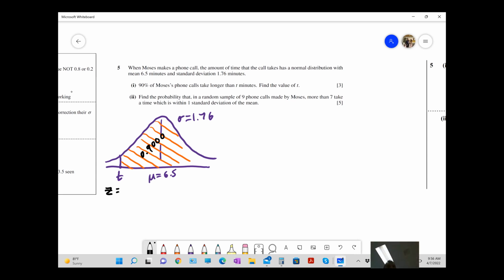Okay, so let's look for 0.9000. There's no such thing as exactly 0.9000, yet if you look up 1.28, it gives you 0.8997. It's close. If we just had 3 more added to it, we would be good.